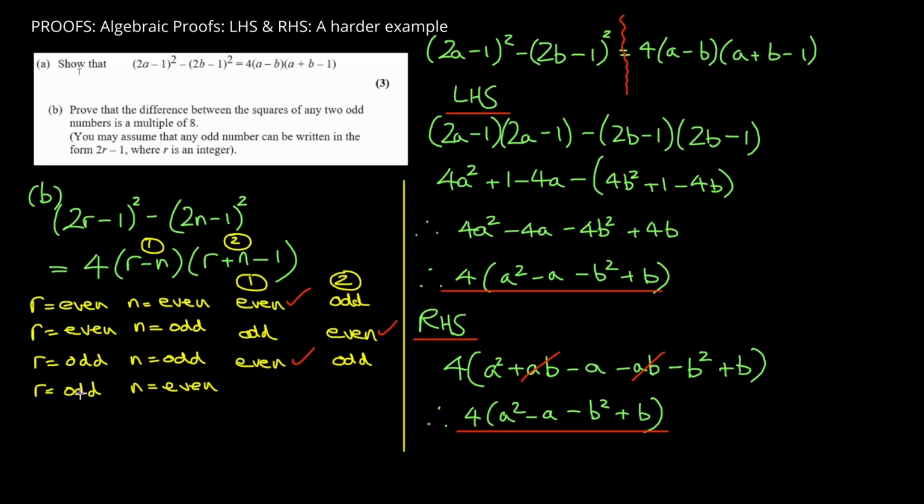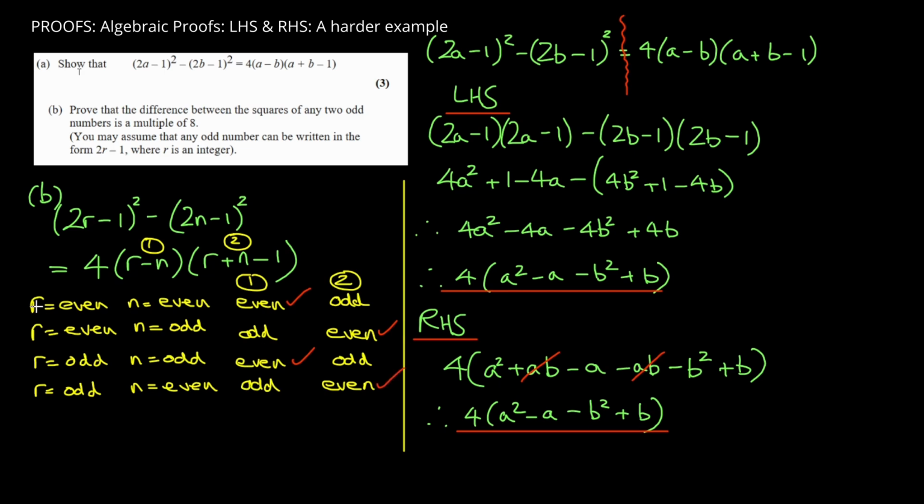Now the fourth. R is odd and n is even. Again, if we add an even number to an odd number, this will be odd, but taking away 1 will turn the result even. So in this case, term 2 will be even and term 1 will be odd. And yet again, we've got an even.